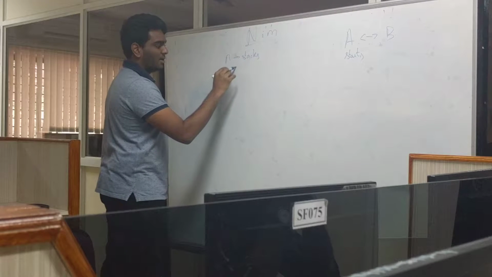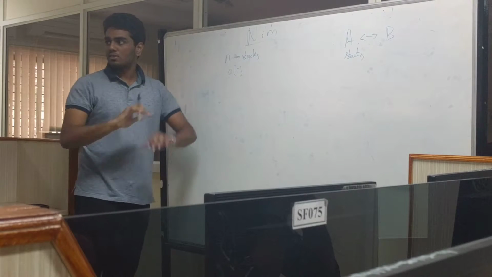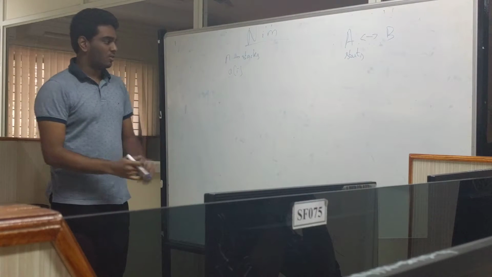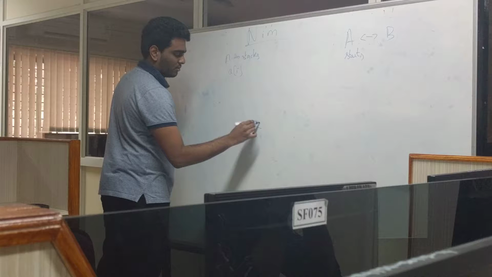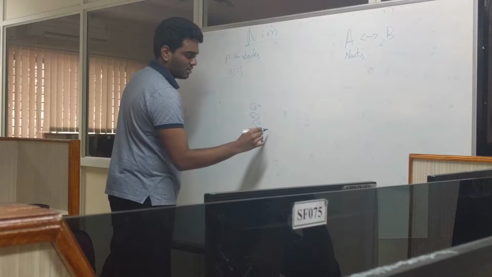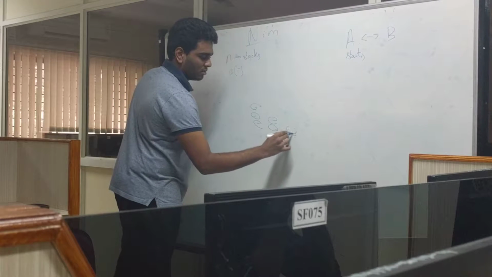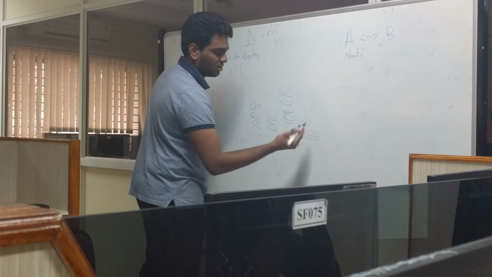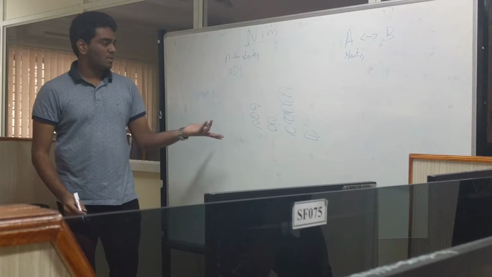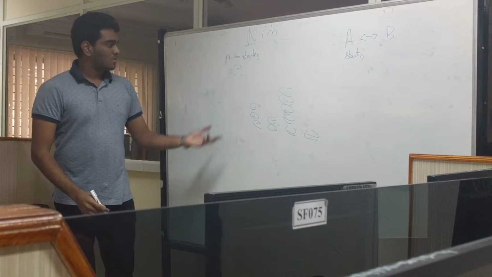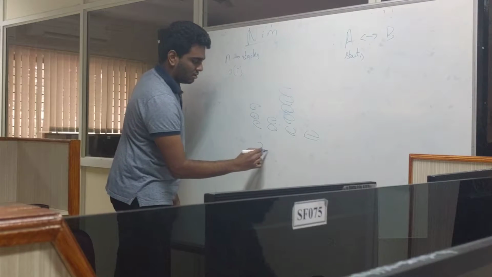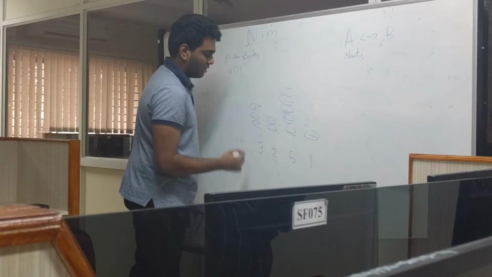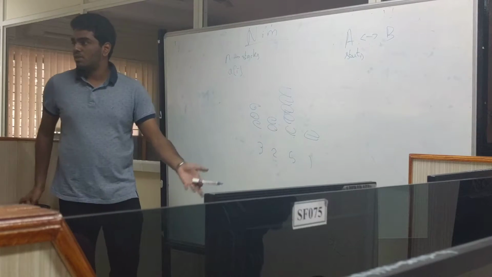Each stack has a height A of i. So the stacks are not equally tall initially. It could be something like one stack has 3 coins, the other one has 2, the other one has 5, another one has 1. So here your stacks are 3, 2, 5, 1, n is 4 obviously. This could be a scenario.